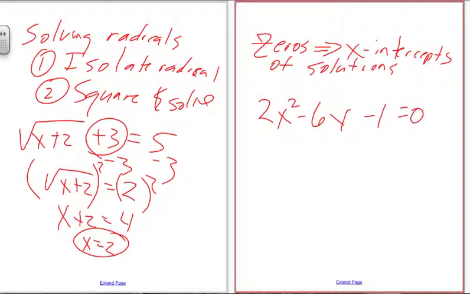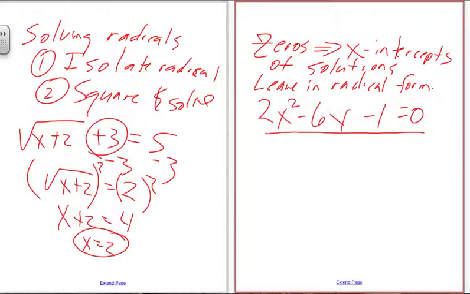And your instructions are going to be to leave in radical form. If you give me decimal approximations, you will get no credit for this. All right, so we want to find where this thing is 0. The fact that this is in radical form means you're going to work with the quadratic formula.